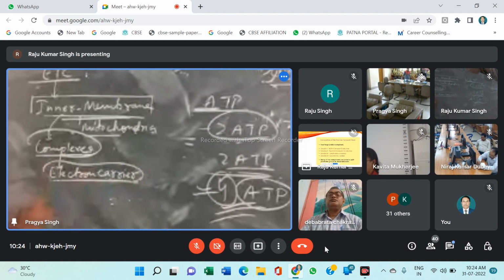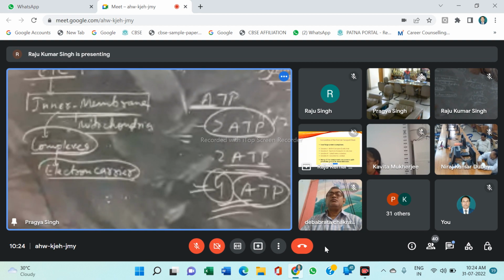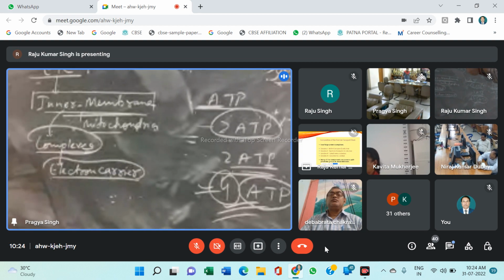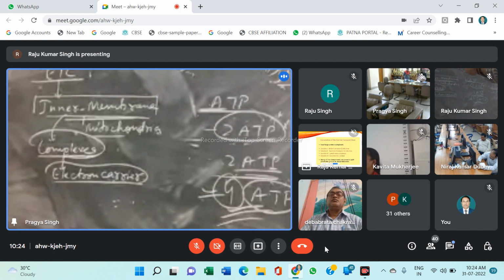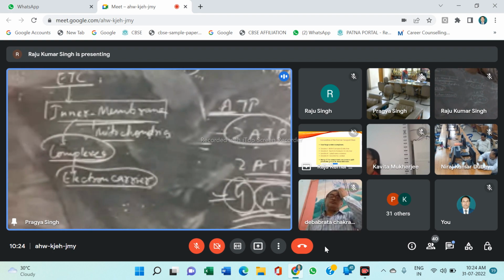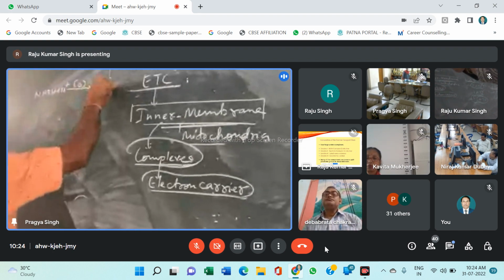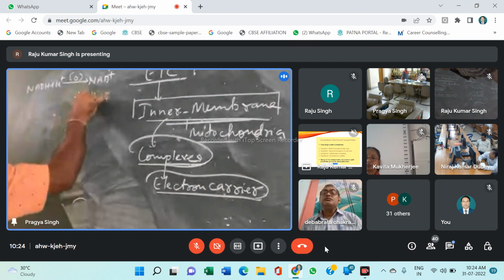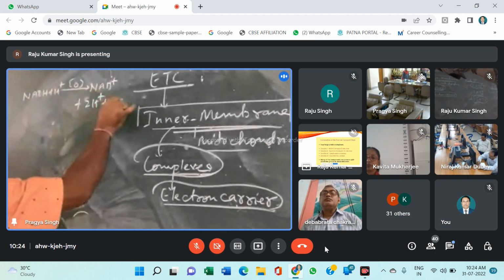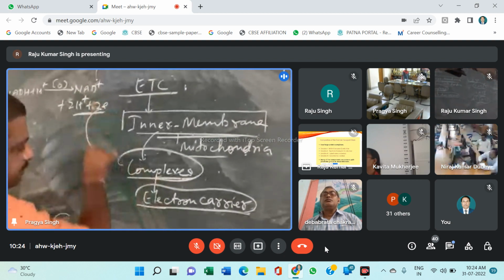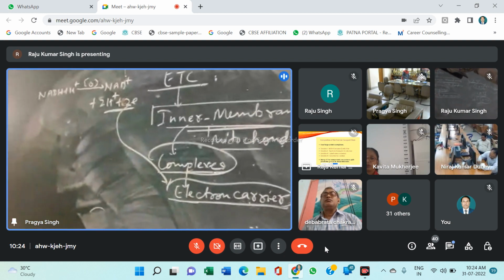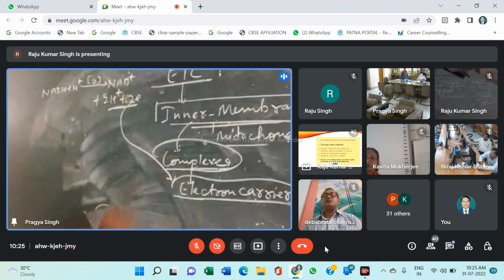As we discussed in the previous class, when NADH plus H plus is oxidized, there is formation of NAD plus, 2 H plus and 2 electrons. These electrons will pass through the electron carriers, especially these complexes.